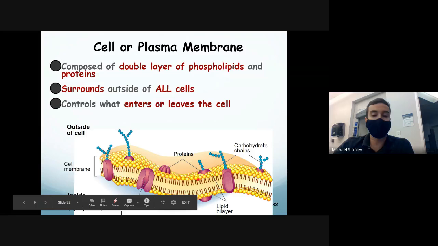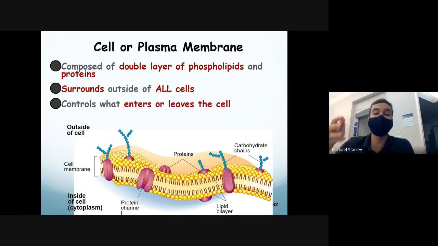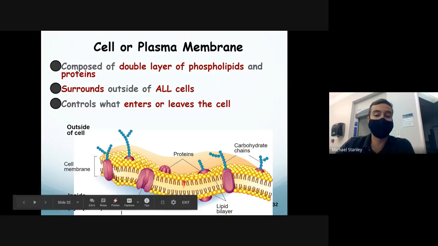So it's mostly made out of these lipids. There's also a couple proteins that we're going to be talking about next week, some of these different proteins and what they do for these cell layers. They are what help control what goes in and out. Most things, most little macromolecules or atoms, cannot go through this lipid layer right here.